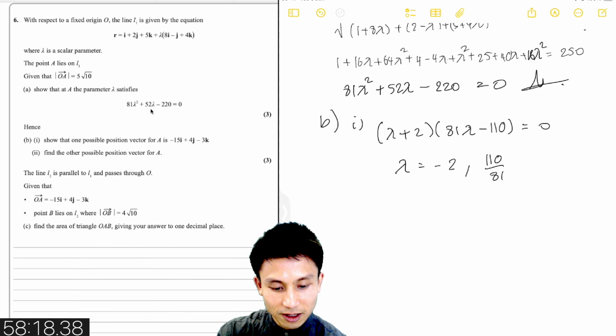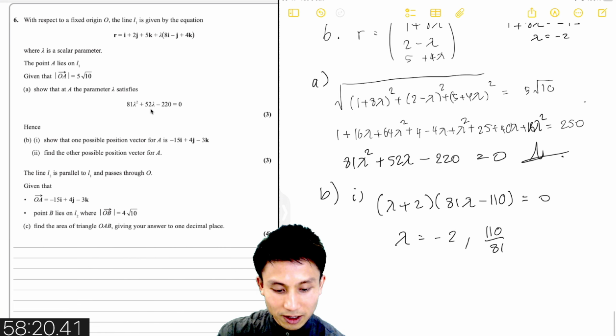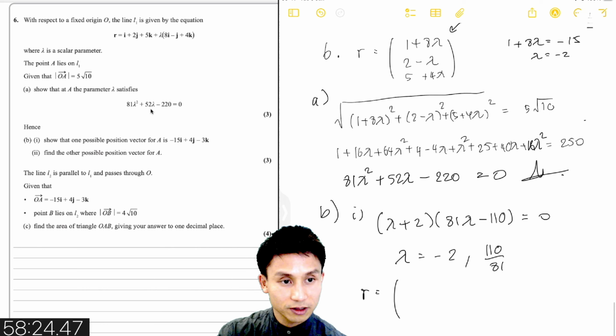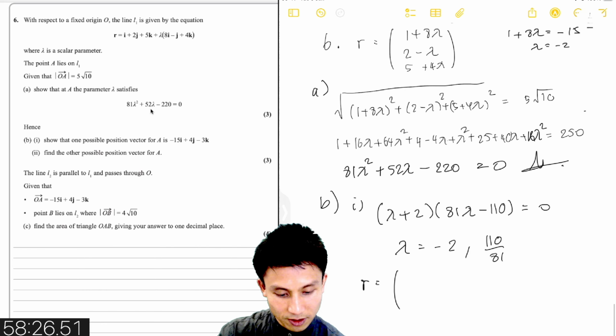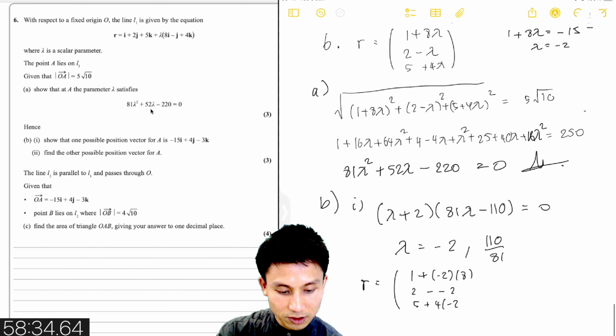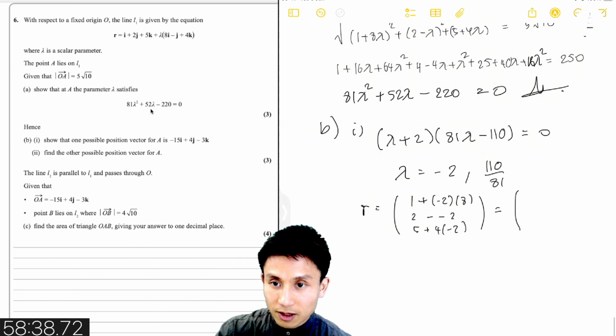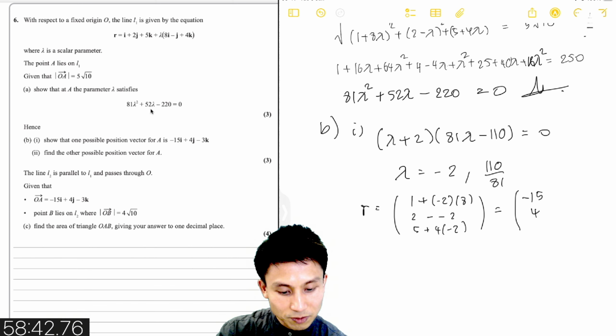Okay, so yeah, we showed that one possible and another one. So if I sub -2 in there, I get r equals 1 plus -2 times 8, 2 minus -2, 5 plus 4 times -2, and that would be, yeah, -15 as expected, plus 4 as expected, -3 as expected.